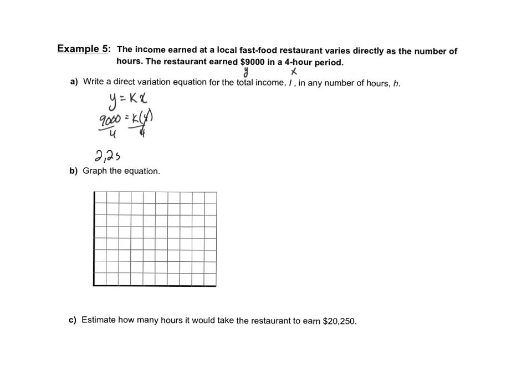2,250 is equal to k. So my direct variation would be the total income, or Y, is equal to 2,250.